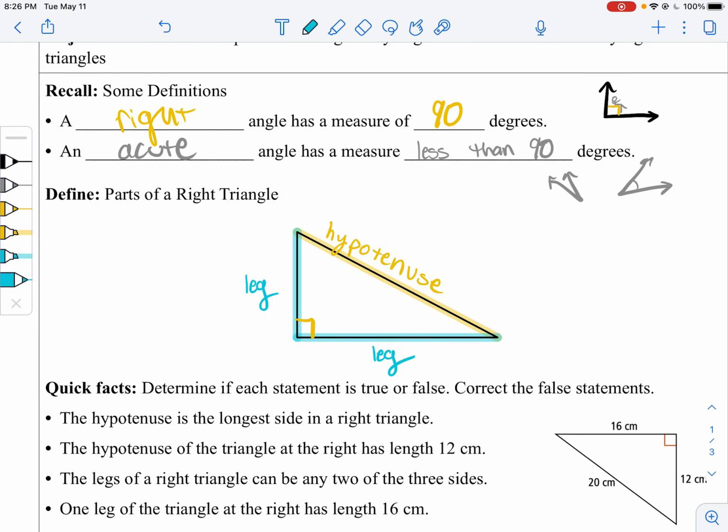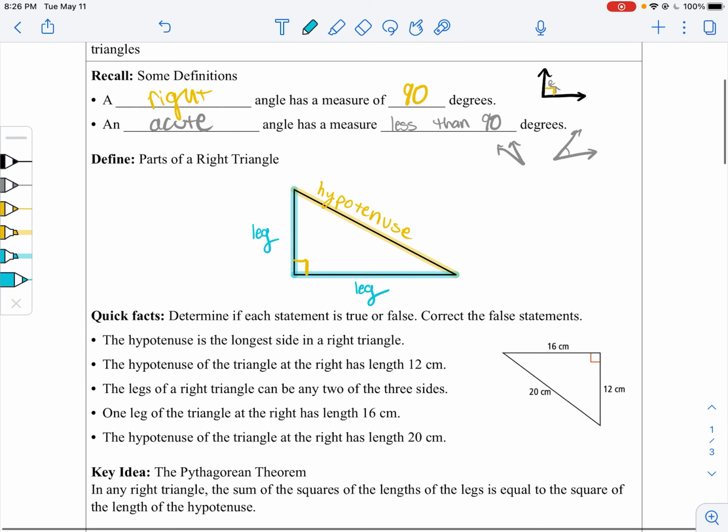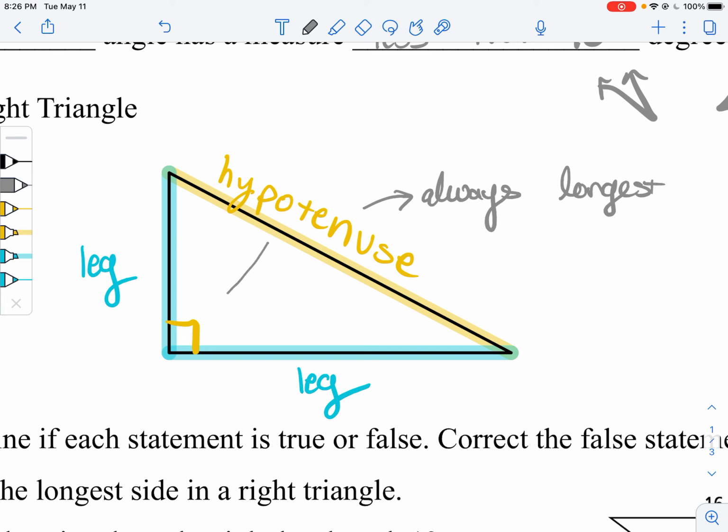Ta-da! Now, fun fact about triangles: the hypotenuse will always be the longest side of the right triangle, forever and always. This is because it's across from the 90-degree angle, and the 90-degree angle will always be the biggest angle in a right triangle.